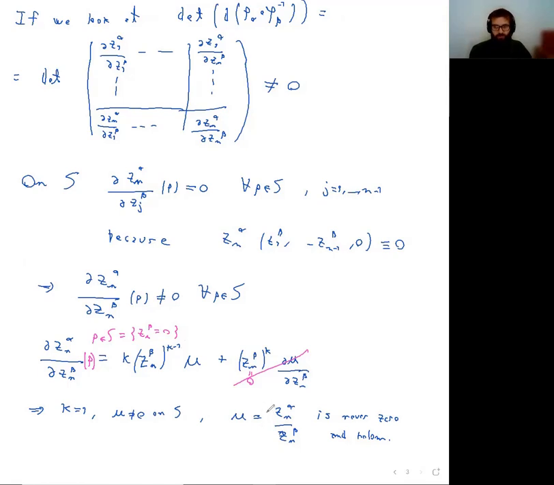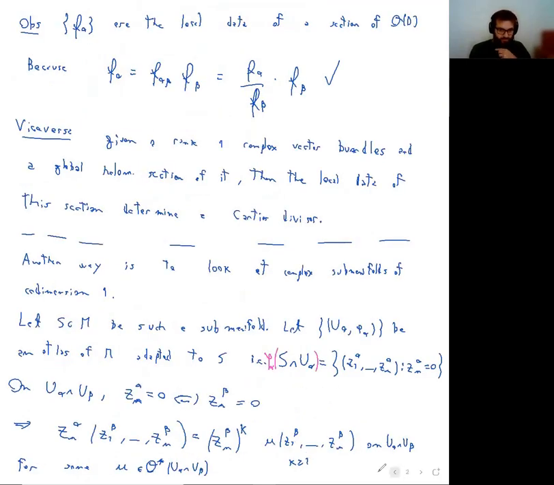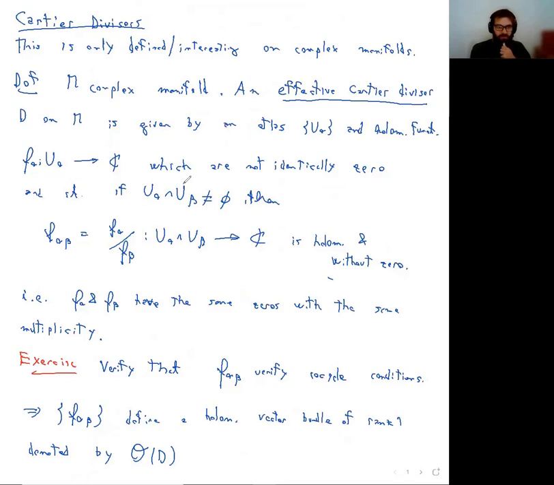So we have this function here, which is defined only in the intersection. This is never 0 and holomorphic. So the data Zn alpha is an effective Cartier divisor, which we call the bracket of S. Remember, a Cartier divisor is just a set of functions f alpha such that the ratio is holomorphic and without zeros.